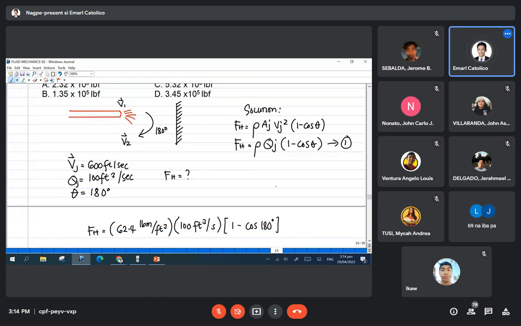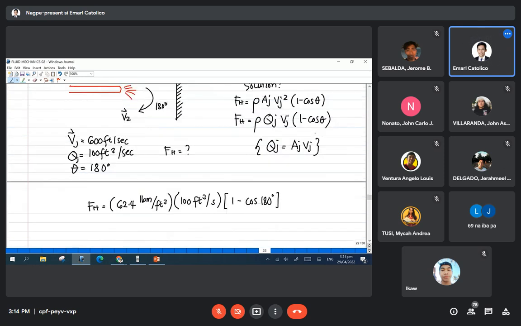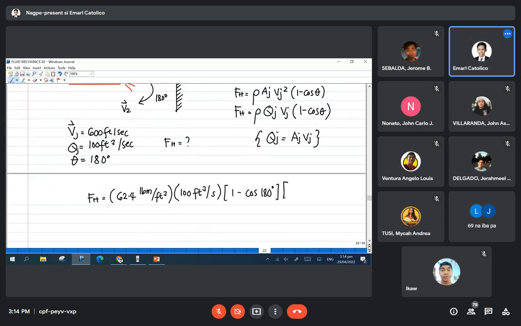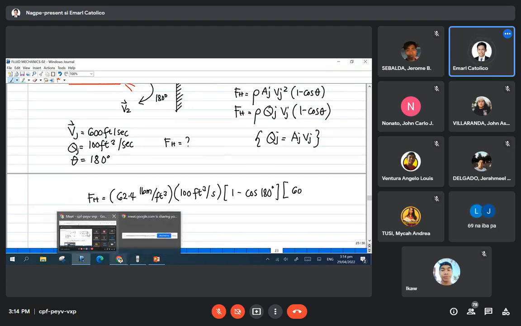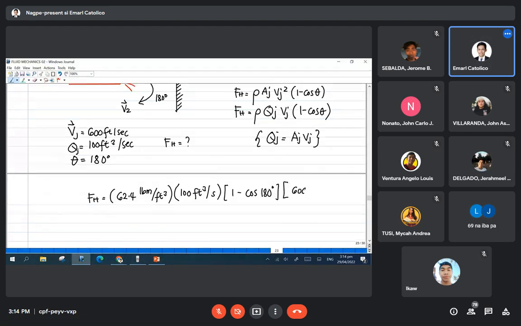Tama ba yung formula ko? Q is equals to area times velocity. May matitira pa palang velocity dito, kasi isa lang naman ang kinuha mo. So multiply ba natin by velocity? Velocity natin, tama ba? Tama. 600 feet per second.